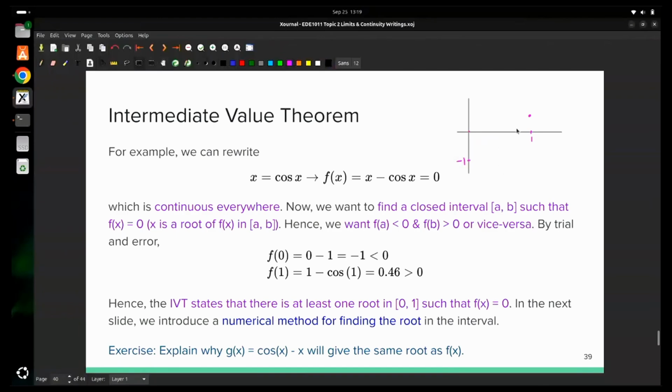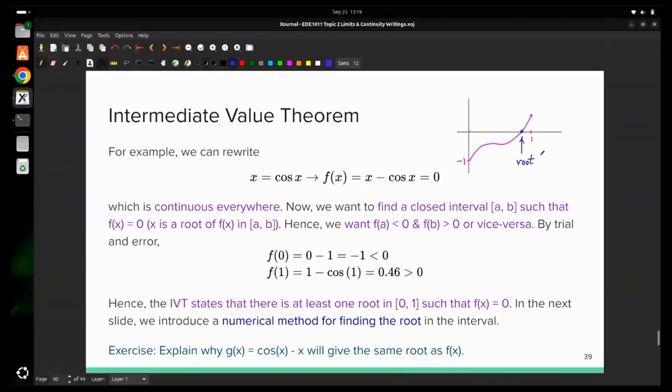But I know for sure that because x minus cosine x is continuous, no matter how it passes through, it must be cutting through the x-axis. Maybe this is my guess, the graph looks like that. So you can see that there is indeed a solution, which is right here. This is the root that I seek.